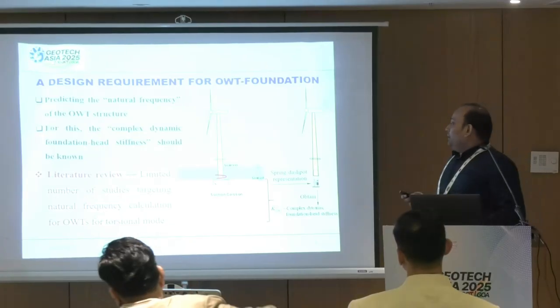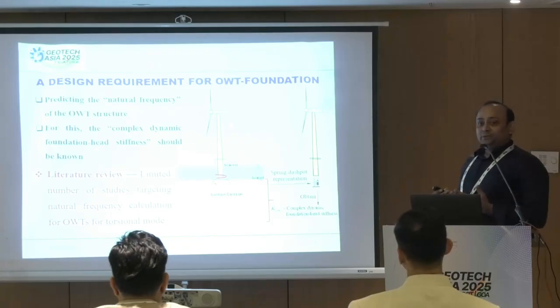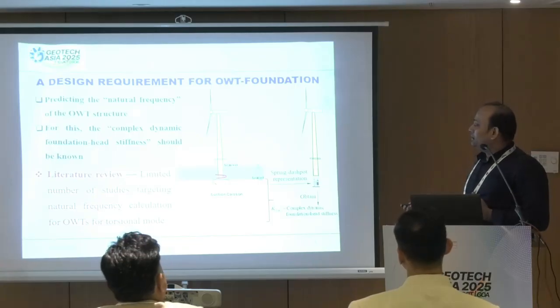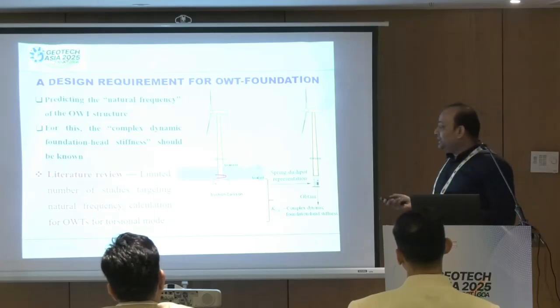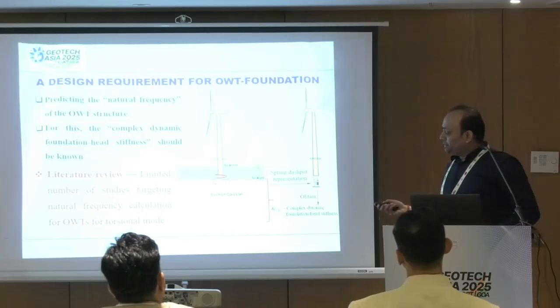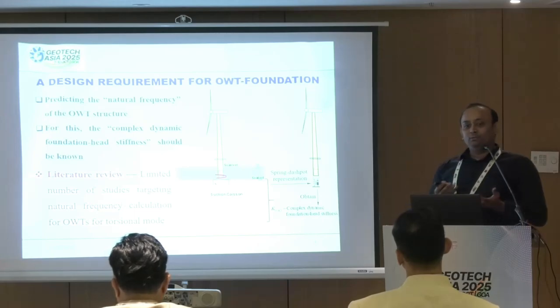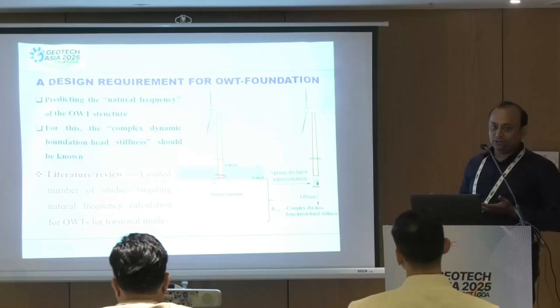Because the loading is dynamic, you need the torsional dynamic stiffness at this level, so that you don't have to do an integrated analysis of the entire system. If as geotechnical engineers we can give the torsional dynamic stiffness at this level, a structural engineer can do the natural frequency calculation.